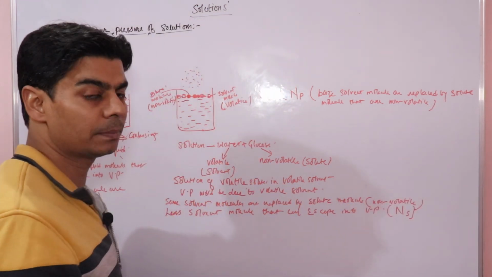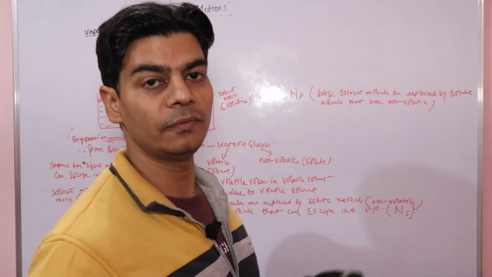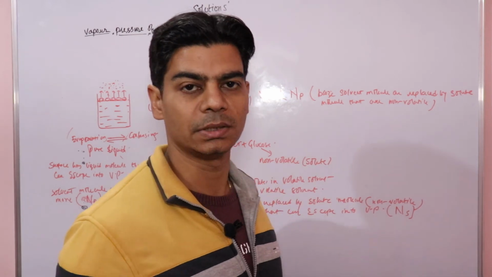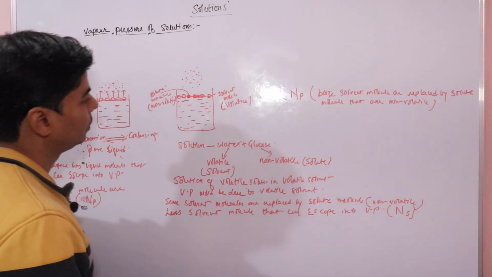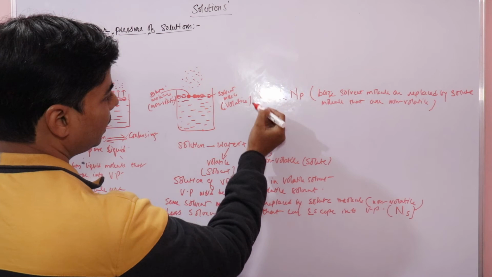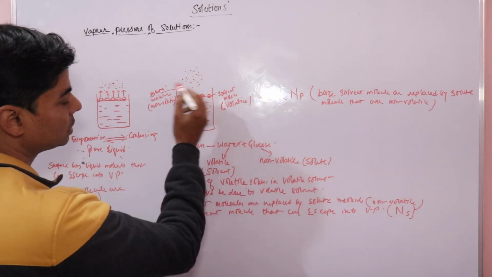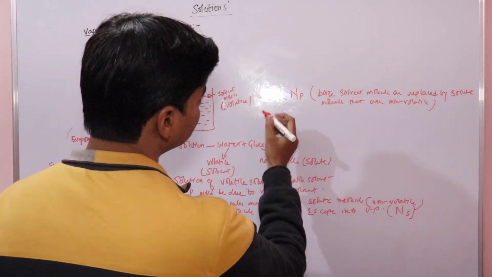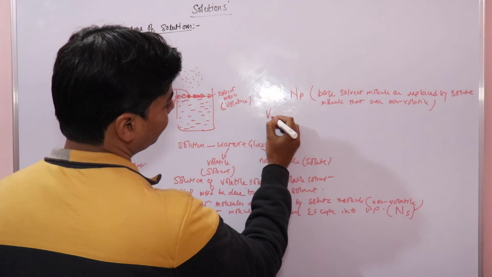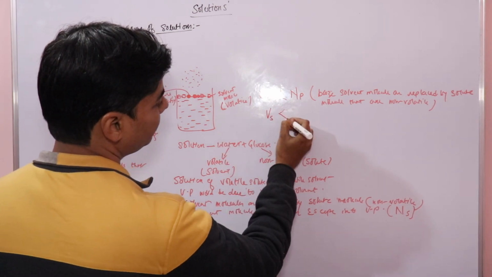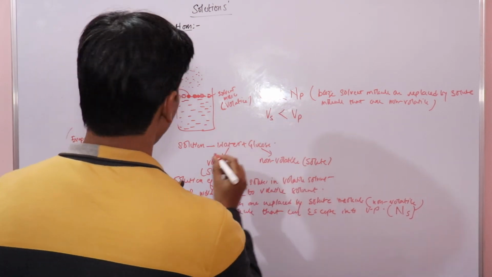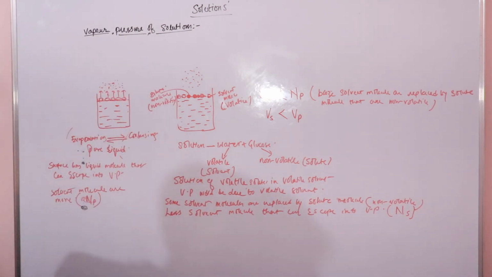Non-volatile means they will not contribute to the vapor pressure because they will not vaporize or evaporate. So here, since we have less solvent molecules that can escape into the vapor phase, vapor pressure in case of solution would be less than vapor pressure compared to pure solvent.